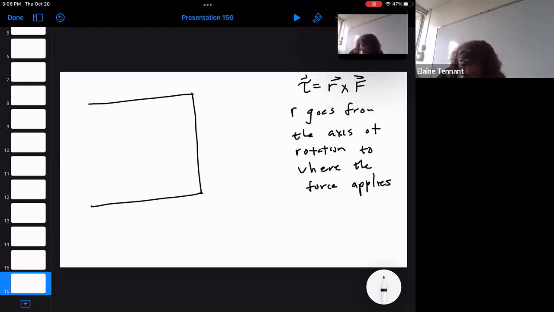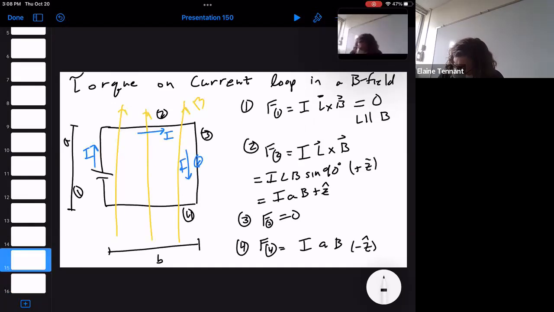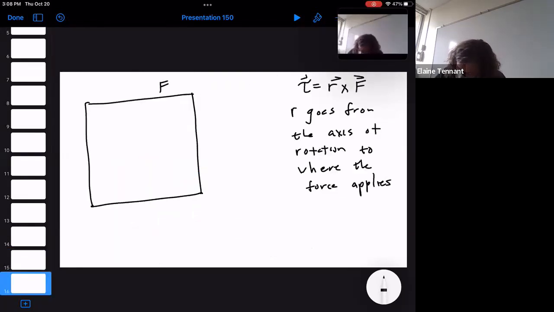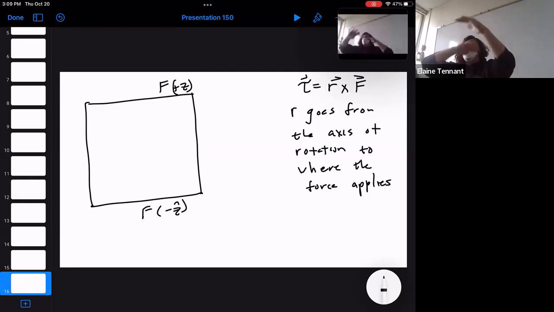Okay, so right now what we have is a force coming out of the page up here. So the top part's being pushed out towards you. On the bottom part, that's going into the page, so that's being pulled back. So we expect this thing to spin like this, right?